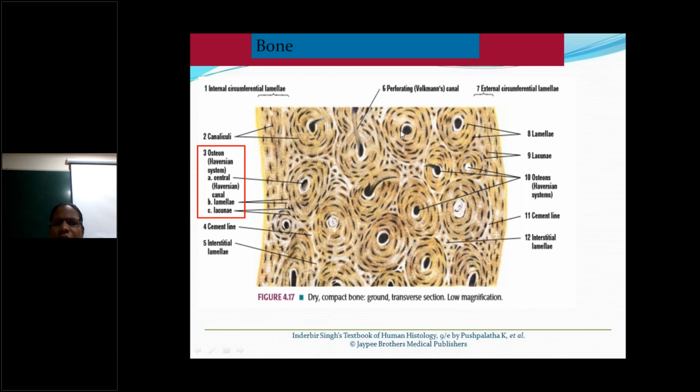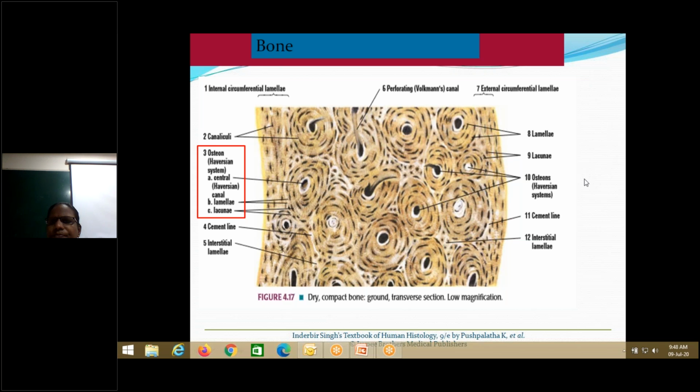These rings or plates we call the lamellae. In between the lamellae, some almond-shaped spaces are present. These almond-shaped spaces we call lacunae.